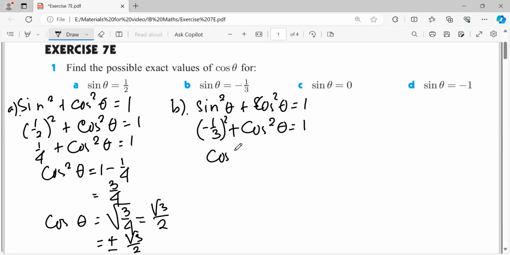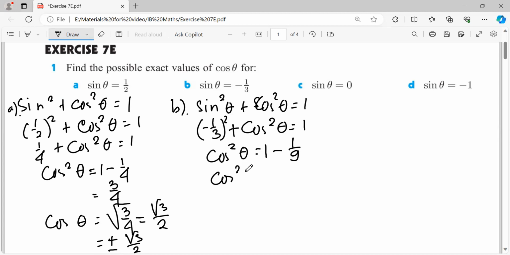So cosine squared theta equals 1 minus 1/9, because negative 1/3 squared equals positive 1/9, moved to the right side becomes negative.